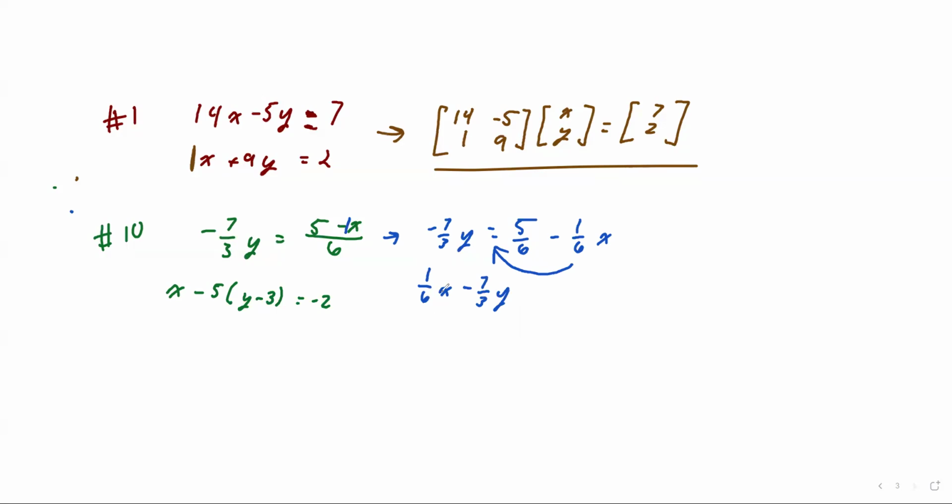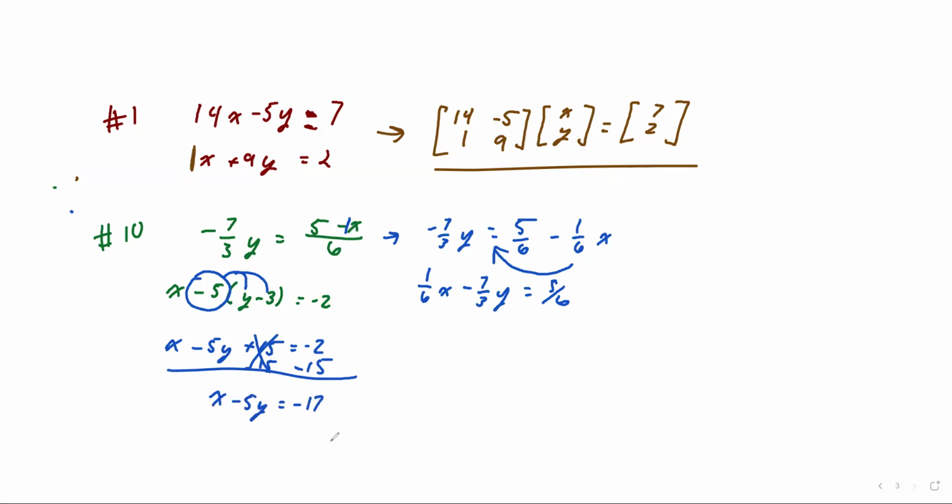Notice I wrote the x term first, equals 5/6. So I now have this one in the correct format. Now I need to do the same thing to this one. Here, I'm going to take the negative 5 and distribute it. So I get x minus 5y plus 15 equals negative 2. X and y are on the left side, but I need to get rid of this constant. So I'm going to subtract 15. So I get x minus 5y equals negative 17.